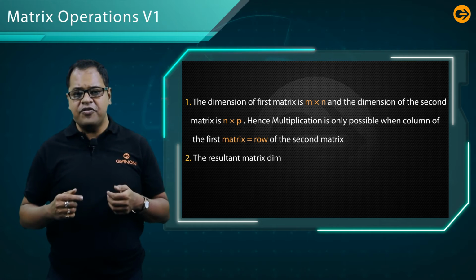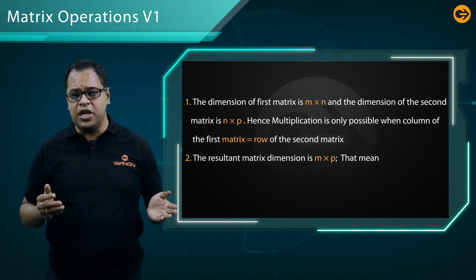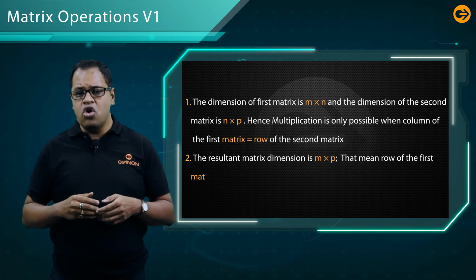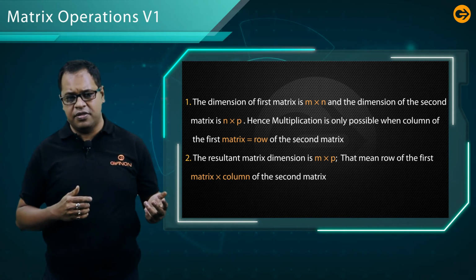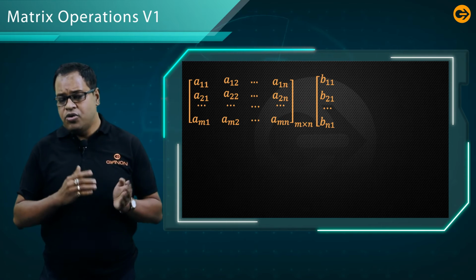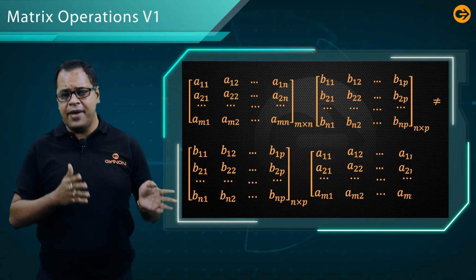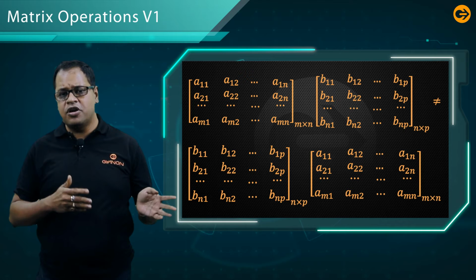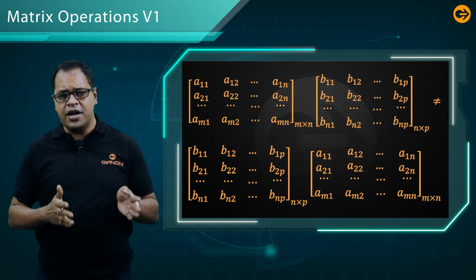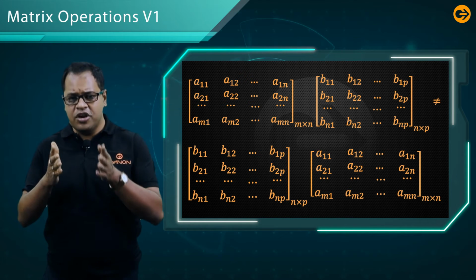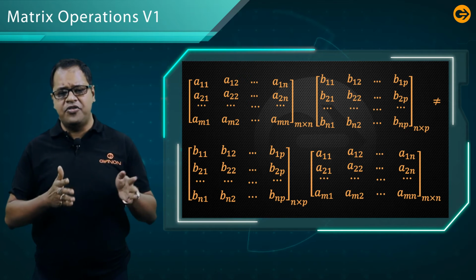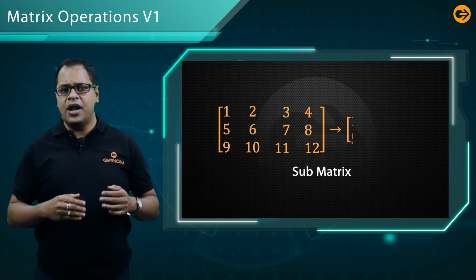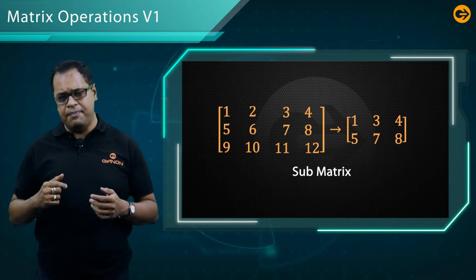The resultant matrix dimension is M cross P, that means row of the first matrix cross column of the second matrix. And remember that matrix multiplication is not commutative. That means if you multiply matrix A with matrix B, it will not be equal to matrix B into matrix A.